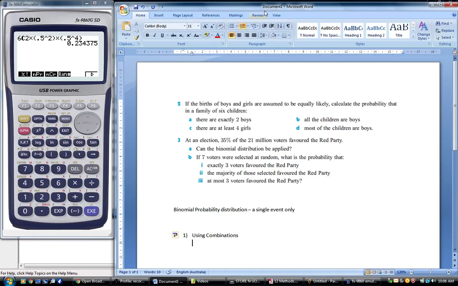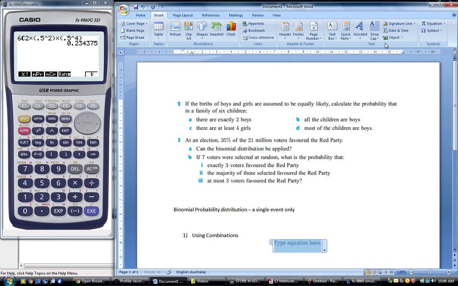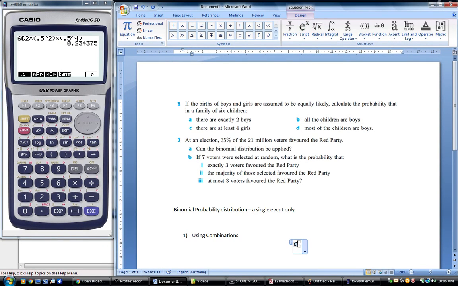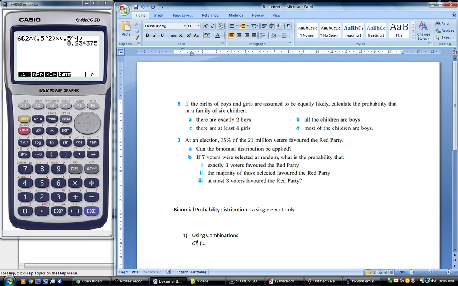Okay, so what we put in here is, okay, that's what we put in our calculator, and this is equal to 0.2345.